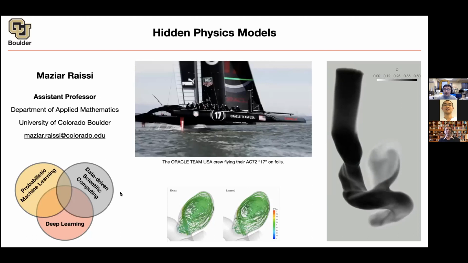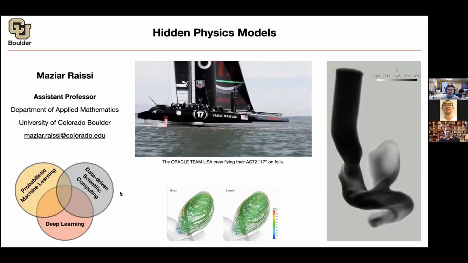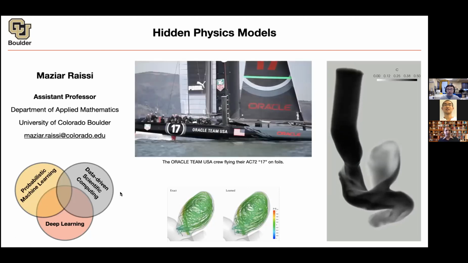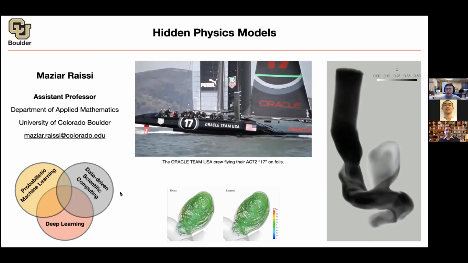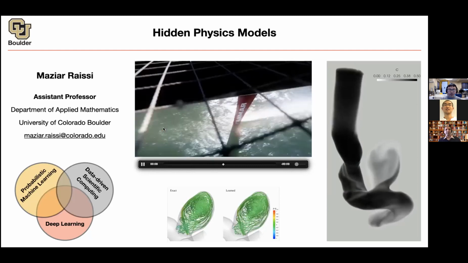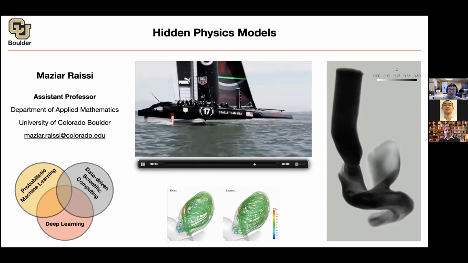It's actually not flying in water, to be honest. It's flying in the air, because as it goes fast, it creates vapor around these hydrofoils. So these are super cavitating hydrofoils. And once you have vapor, you're basically flying in the air.